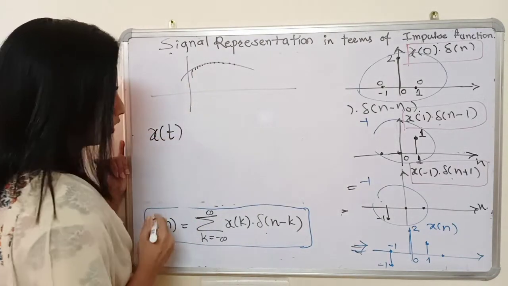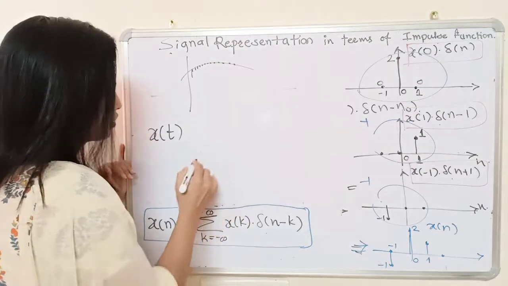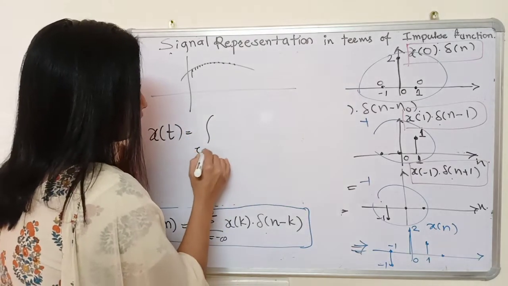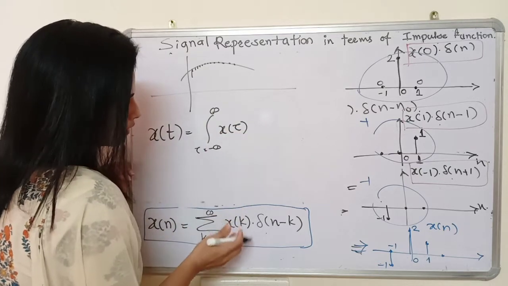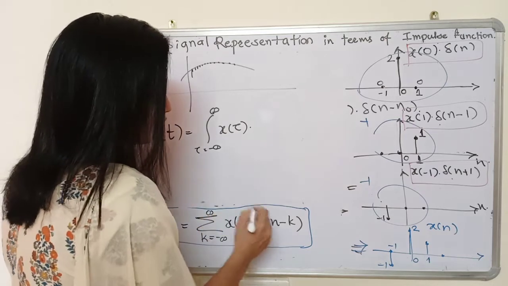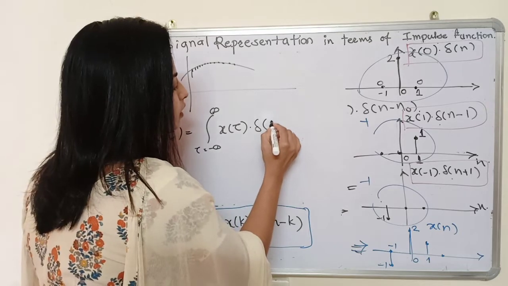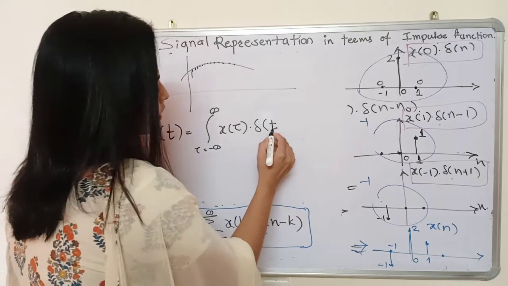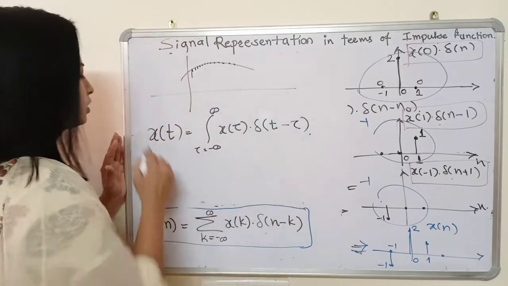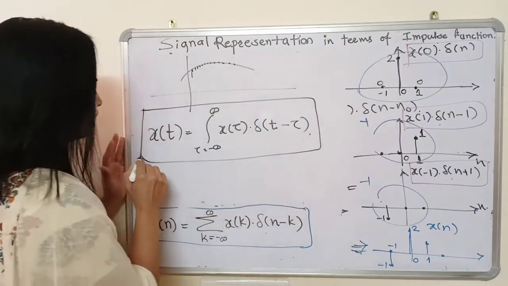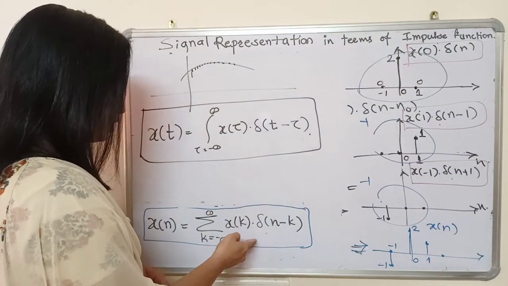So to represent x of t in terms of del of t and its shifted versions, just need to take integration. But tau is varying from minus infinity to infinity, we'll take x of tau, that is the amplitude at that specific moment, tau, and del of t, impulse function in continuous domain. So del of t minus, now just we'll replace this k by tau. So this is the representation in continuous time, and this is representation in discrete time.